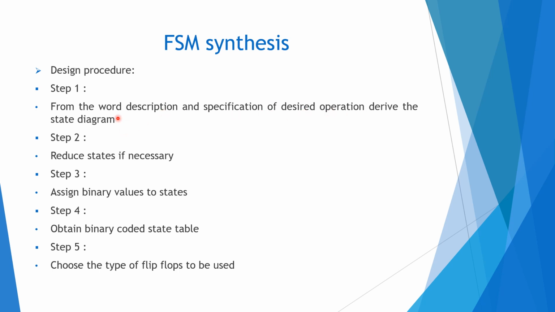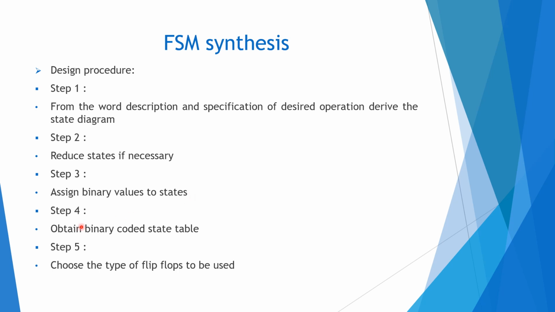Step 2, reduce states if necessary, according to the state reductions we have shown earlier, that is by implication table or by state tables. Step 3 is assigning binary values to states. You can select any state assignment, that is binary assignment, gray code assignment, one hot assignment, etc.